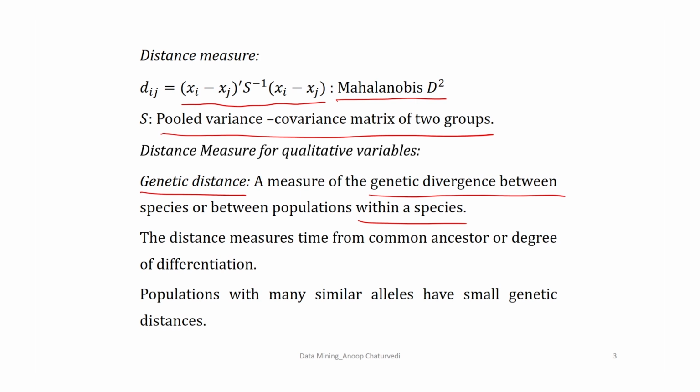So, actually this measures the time from common ancestor or the degree of differentiation between the two populations within a species. So, populations with many similar alleles have small genetic distances.